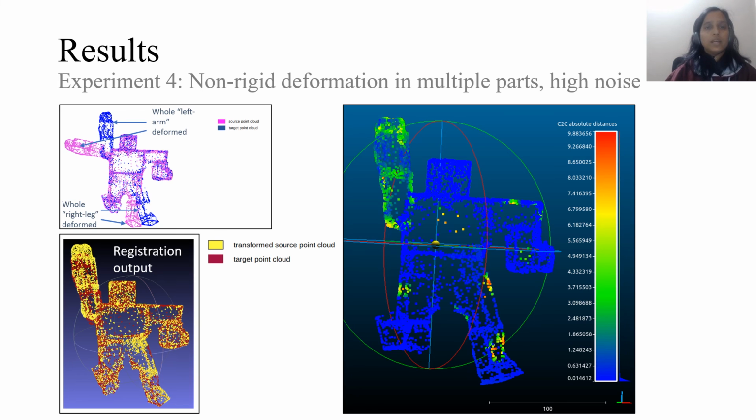There are holes and missing parts in the target point cloud. Just like the lander, in the case of the Qbot also, alignment is successful. This demonstrates that our proposed algorithm is robust to noise, holes, and missing areas in the target point cloud, and hence is a viable approach for real-world mixed reality applications.